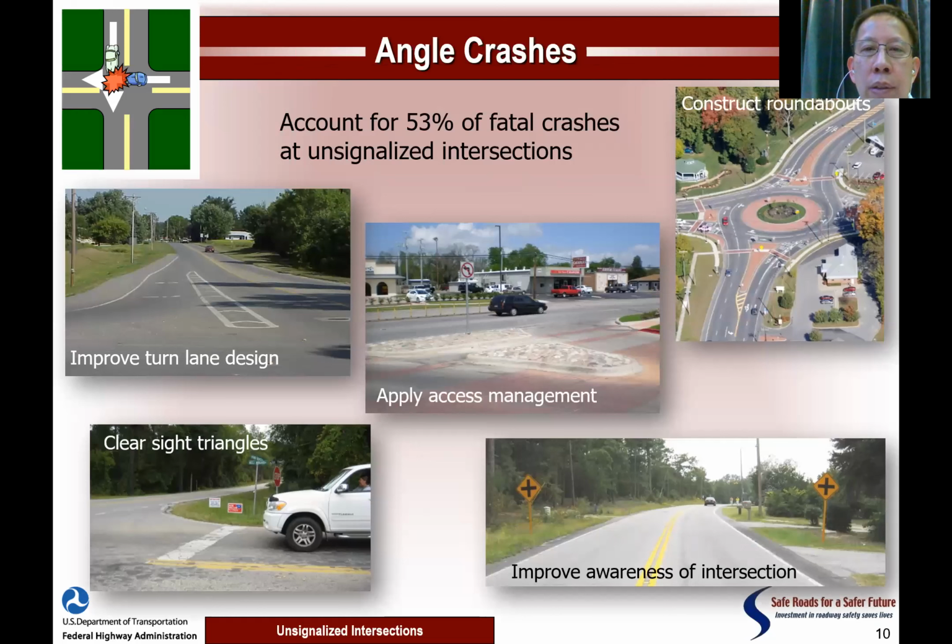The CRF, crash reduction factor, is stated here. Angle crashes account for more than 50%, so this type of crash should really be taken care of by first improving turn lane design, improving clear sight distance triangles, and applying access management, of course.